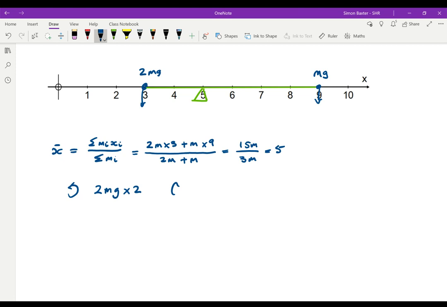If we look at the clockwise moments, then we would have mg times the distance from 5 to 9, which is 4. Well, we can see that the anti-clockwise one is 4mg, the clockwise one is 4mg, and therefore the system balances about the point where x is 5. And so again, we say that x bar equals 5 is the center of mass.